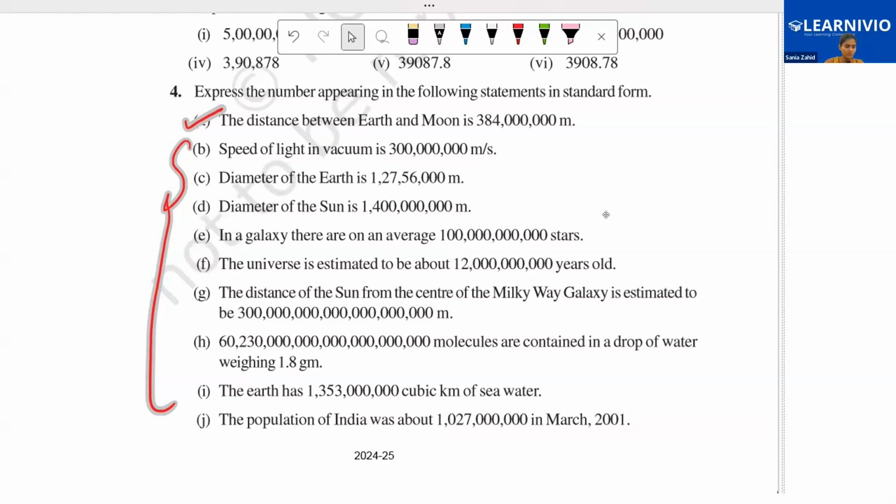Ma'am, can you repeat the lesson? Visualizing solid shapes. No, ma'am. It's not there in your syllabus. Okay. Thank you. Please continue your work.